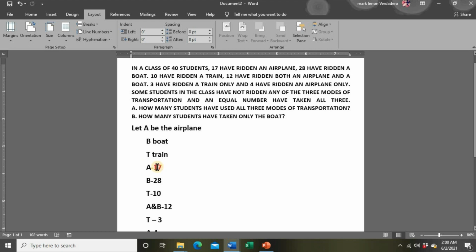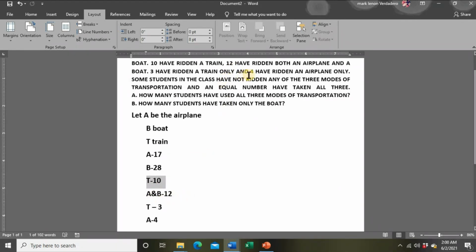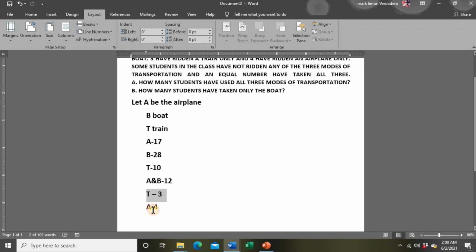So ito siya. 28 yung sumakay ng boat. 10 yung sumakay ng train. And then 12 naman yung sumakay ng airplane and boat. So ayan siya. Then 3 lang sa train and 4 sa airplane. Okay. So solve natin.